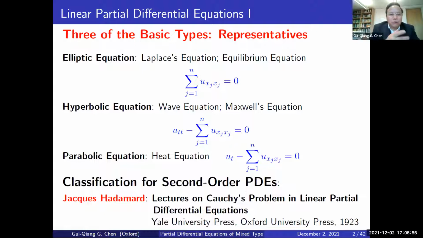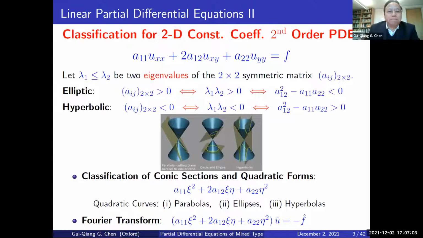The distinction between elliptic type and hyperbolic type can be seen very clearly from the two-dimensional constant coefficient second order PDE. This is the second order PDE, where the Aij are constant.